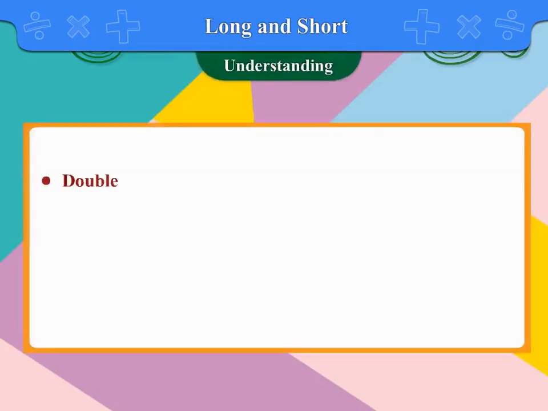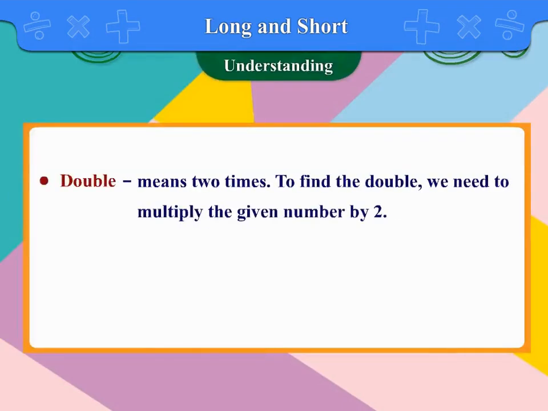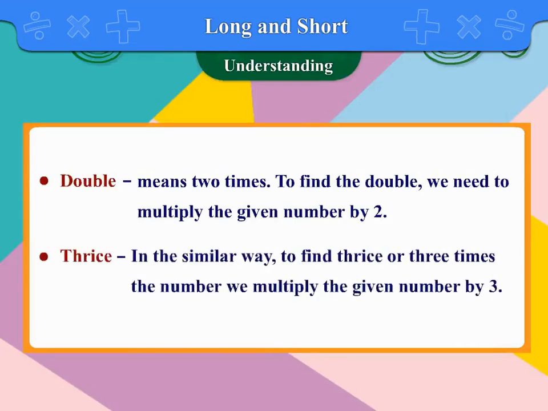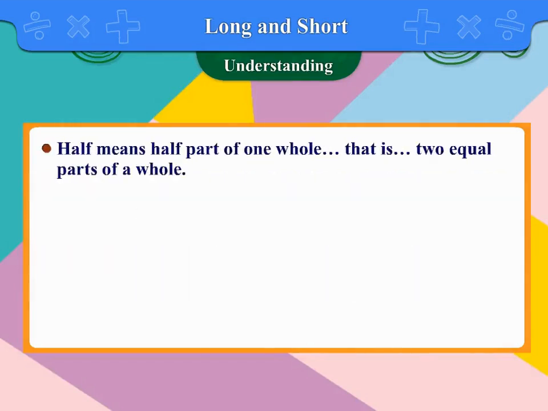Understanding. Double means 2 times. To find the double, we need to multiply the given number by 2. In a similar way, to find thrice or 3 times the number, we multiply the given number by 3. Half means half part of one whole. That is, 2 equal parts of a whole.